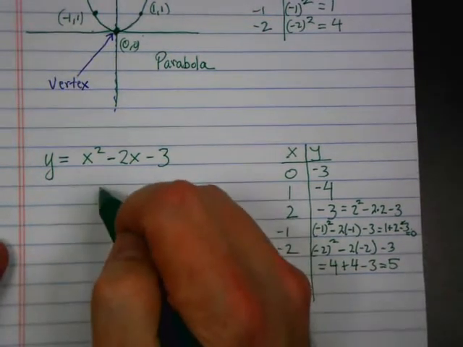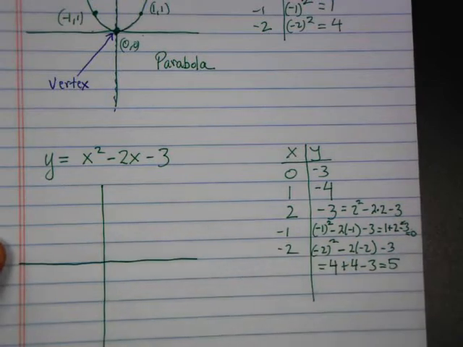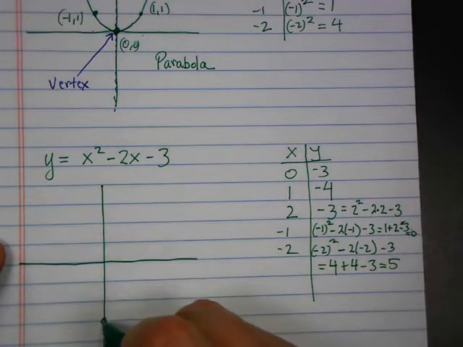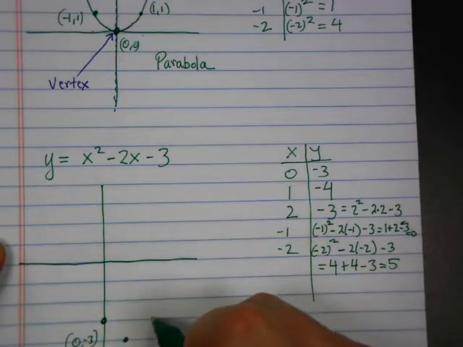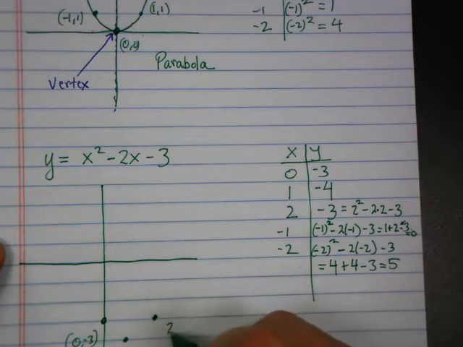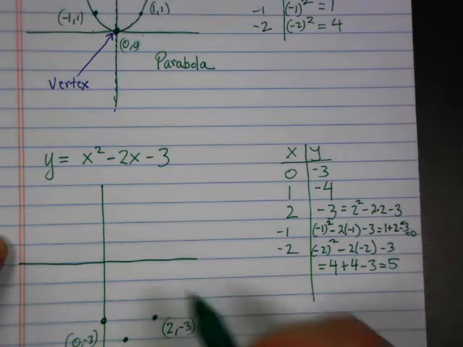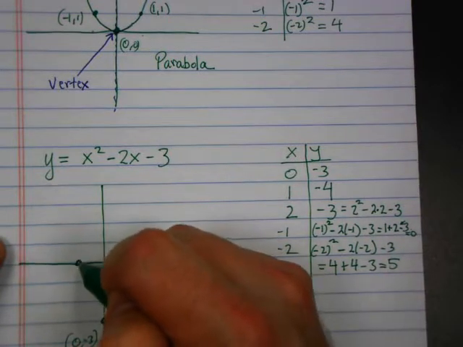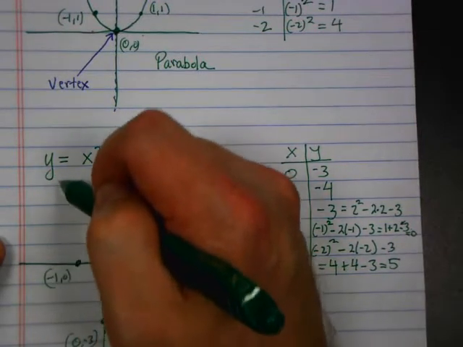All right, so let's draw our picture here. I have 0, negative 3. I have 1, negative 4. I have 2, negative 3. I had negative 1, 0. And I had negative 2, 5.